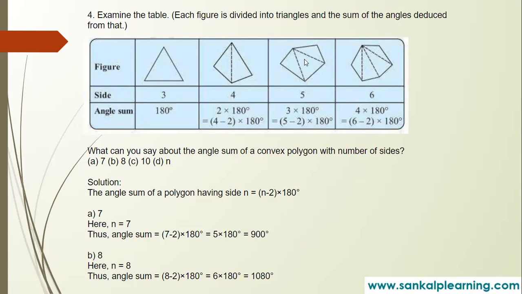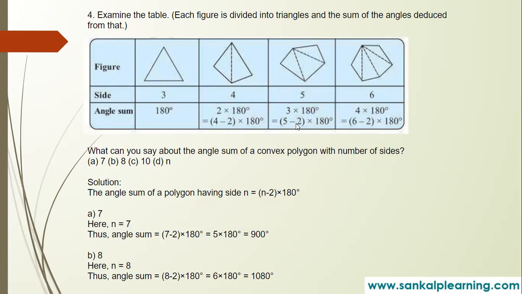Come to the third one. Here they have drawn 2 diagonals and we are getting 3 triangles here, right? So how can you write this? 3 into. So each triangle angle sum is 180. Here 180, here 180 and 180. So 3 into 180. So how are we writing 3?